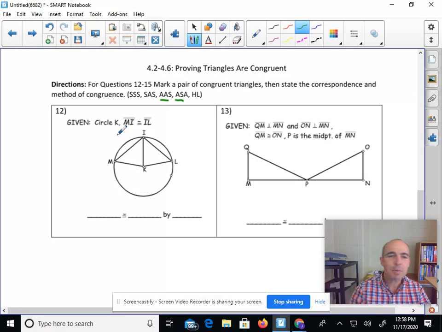So keeping that in mind, three pieces of information, well, I guess in this case two. Well, three because you know it's the right angle. Three specific pieces of information are needed. And what are they giving us, right? So typically with this, they're giving us certain things. They're telling us MI and IL are congruent, right?